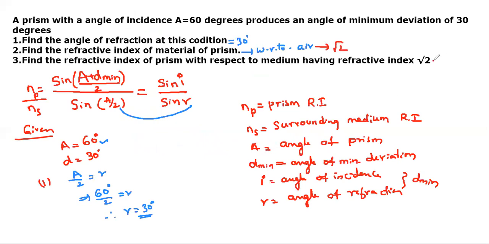Now we are going to find the refractive index of the prism with respect to the medium having refractive index root 2. What is the refractive index of the prism? You got root 2. Now you are going to find the refractive index of the prism with respect to the surrounding medium having the refractive index root 2. Then you will have root 2 divided by root 2, which will be equal to 1.